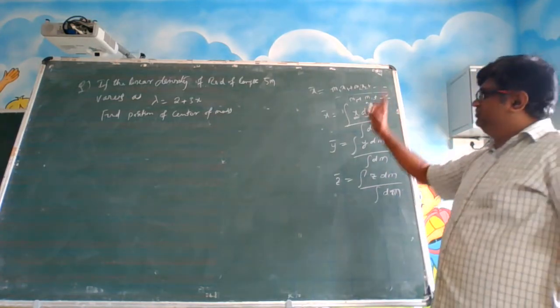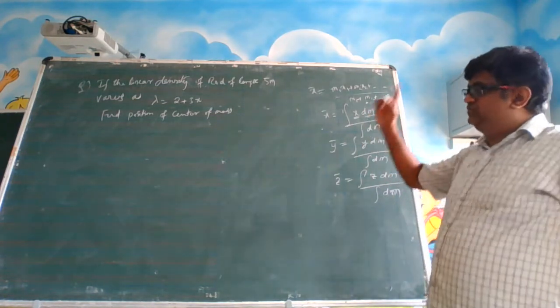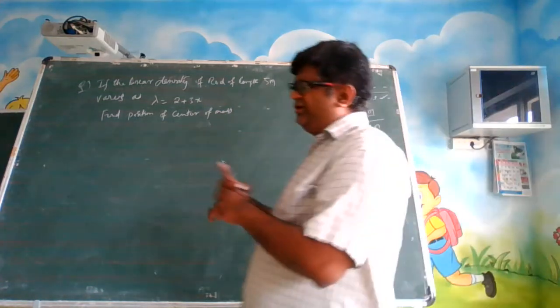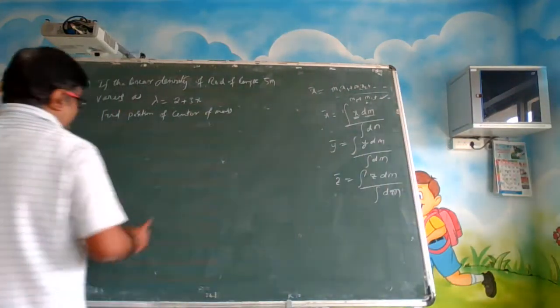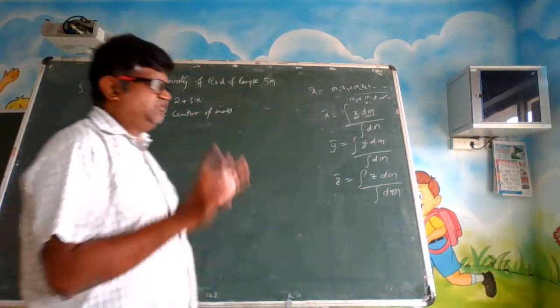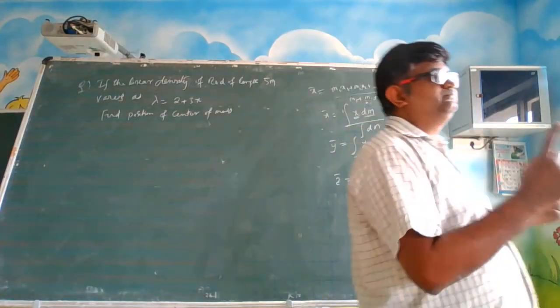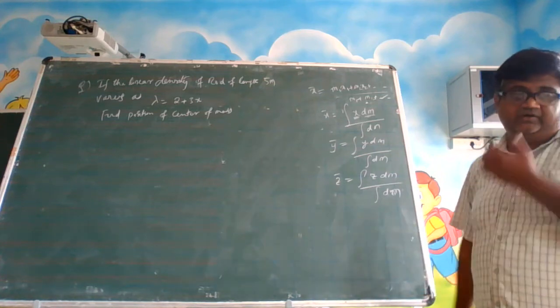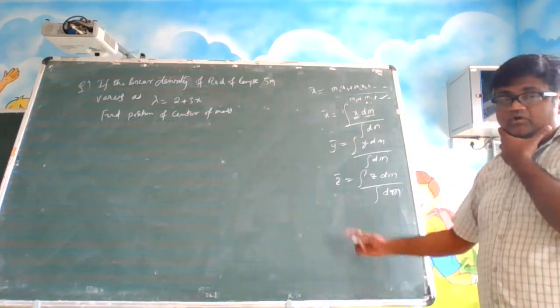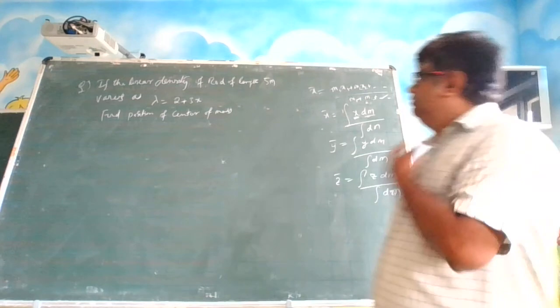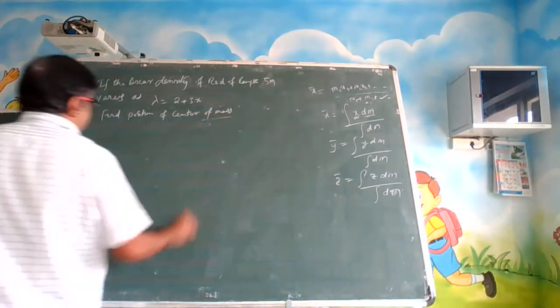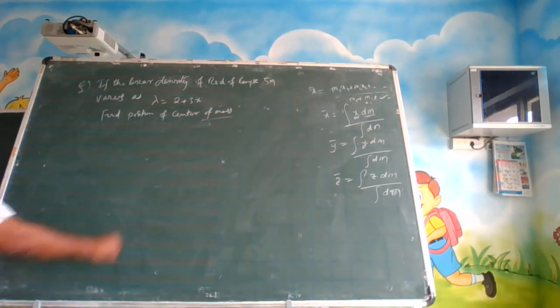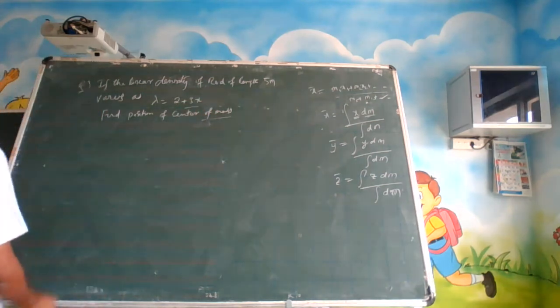Continuous means there must be some density: if you are talking about length, there must be a linear density lambda; if it is area, there must be sigma; if it is a solid, like a sphere, like that watermelon, there must be rho. So here we have to find the center of mass. The variation is given in terms of x, so obviously we have to find x bar.